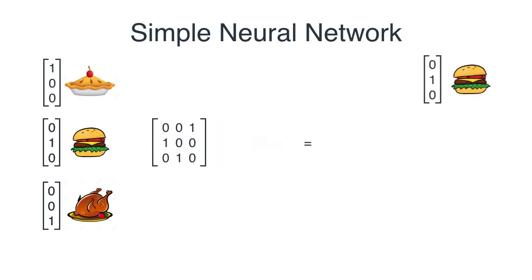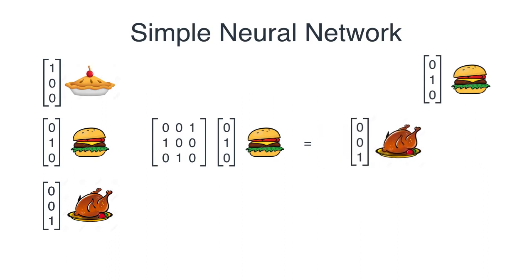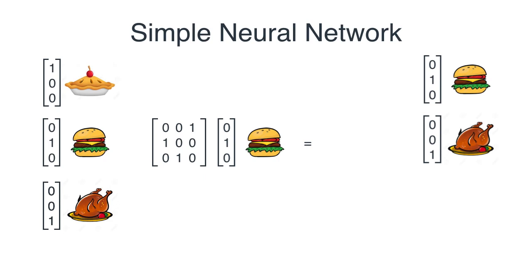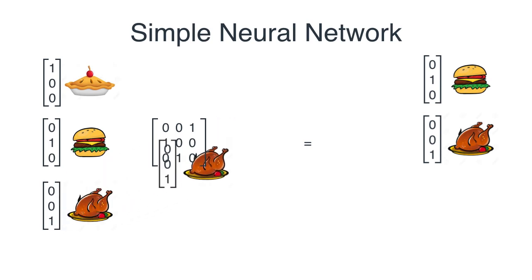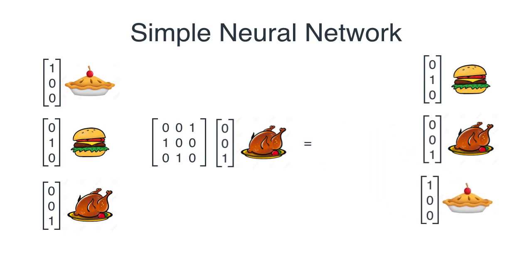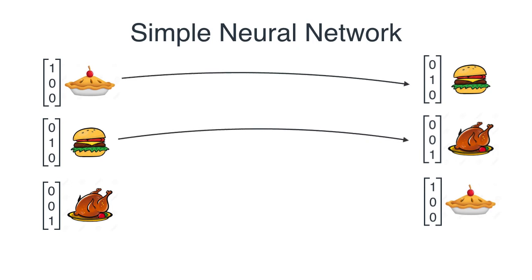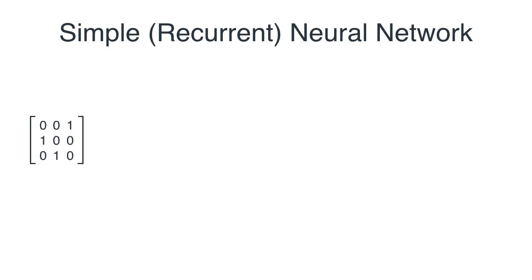If you multiply the matrix by the vector of the burger, you get the vector of the chicken. And finally, if we multiply the matrix by the vector of the chicken, we get back the vector of the apple pie. So this neural network is simply a linear map that takes the apple pie and maps it to the burger, maps it to the chicken, and the chicken maps it to the apple pie. And it's simply this matrix.